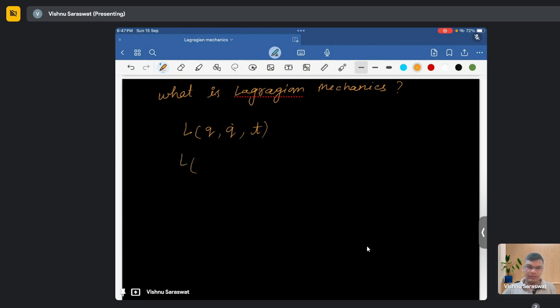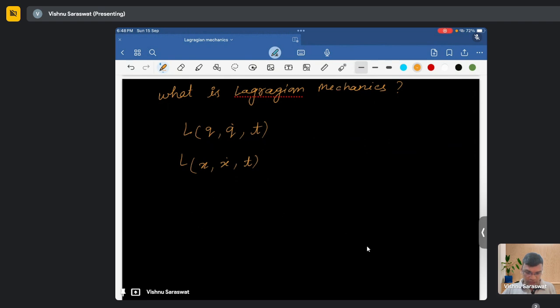by any variable like x. Here it represents only position, so we can write it as x, y, z or any other variable. So here x represents the position, x dot represents the velocity and t represents the time.